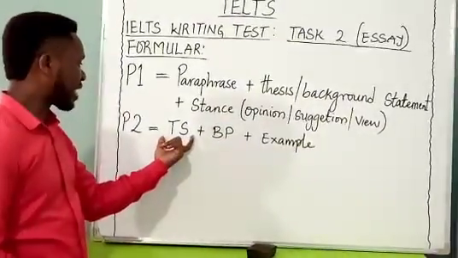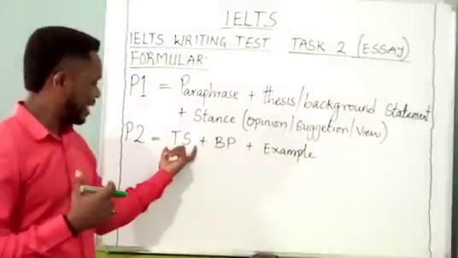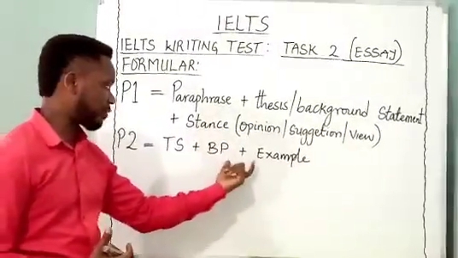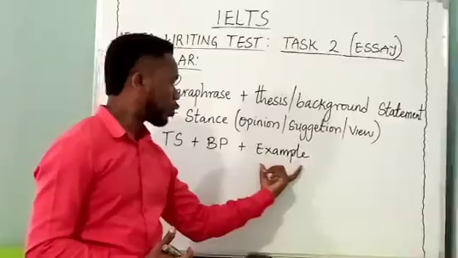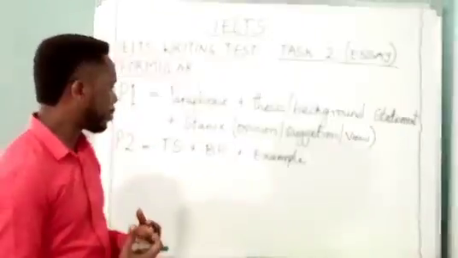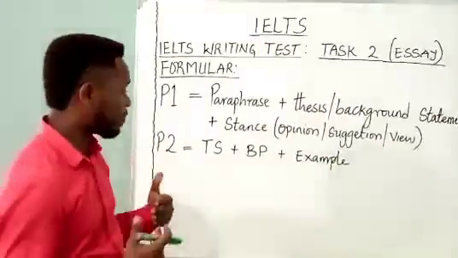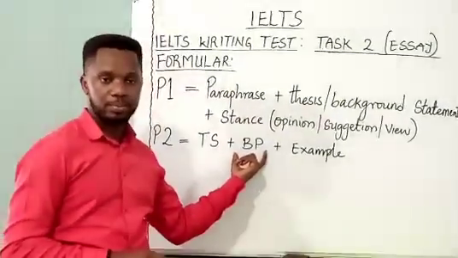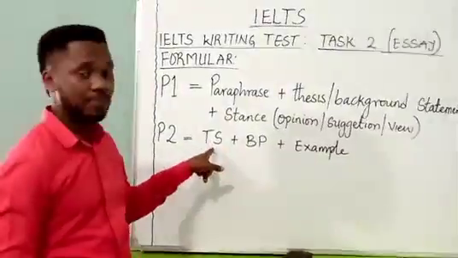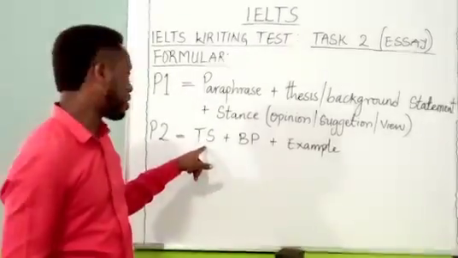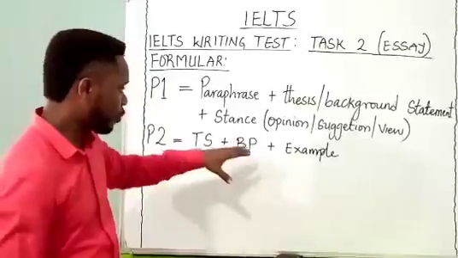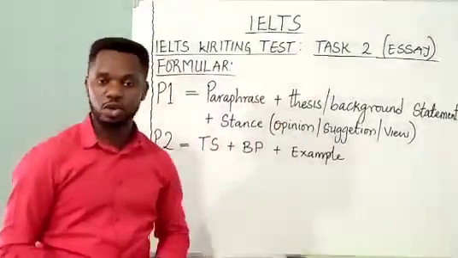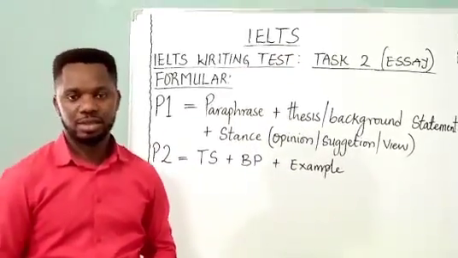That means you are giving detail or expatiating your topic sentence, and that gives you your body paragraph. Then at the end of it all, you give a good example. It could be a real life example, it could be a practical example, it could be an abstract example, but it must buttress your body paragraph, which takes you back to your topic sentence.